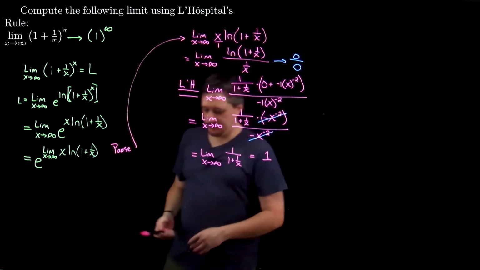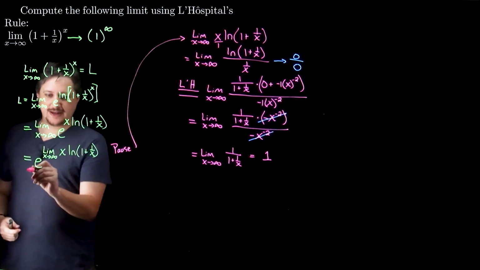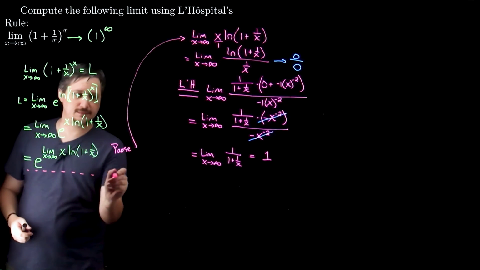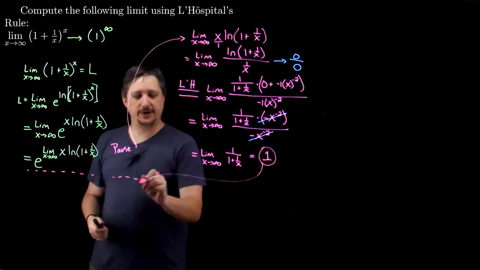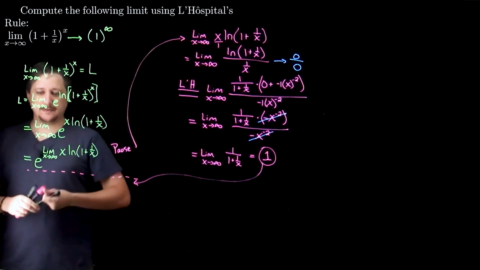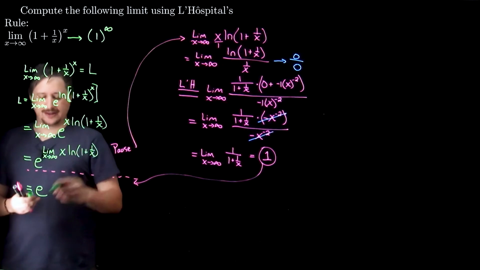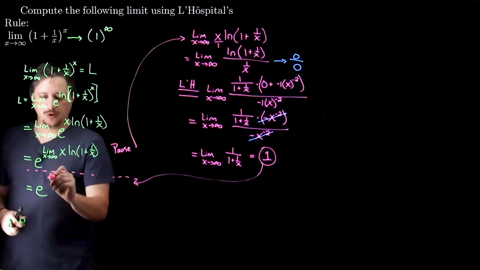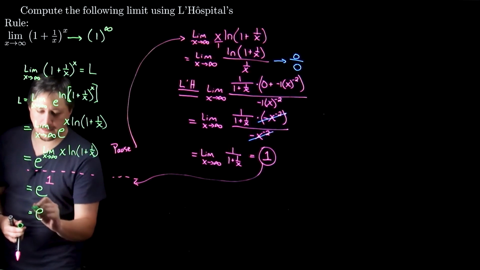So in particular, after having paused and calculated that limit, I'm then going to take this limit and bring it back and plug it in to here, because that tells me that this equals e to what that limit was, which was 1. Or in particular, it is just e.